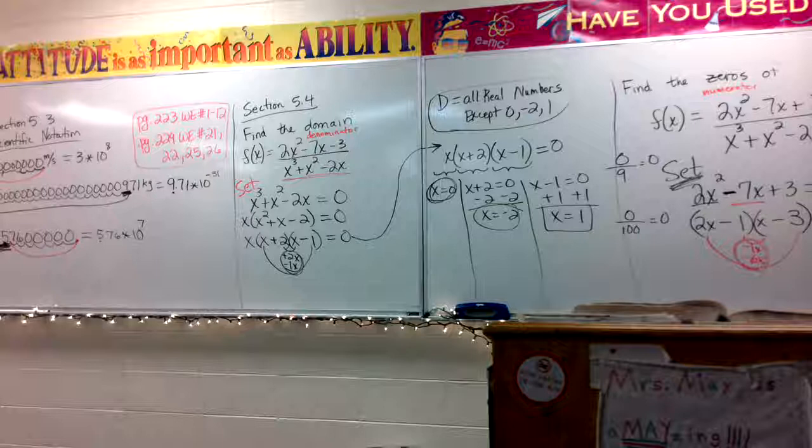Let's start with find the zeros of this function. Well, if we're going to find the zeros, we need to know what that means. What does that mean to find the zeros of the function? What could I do that would be 0? Exactly.